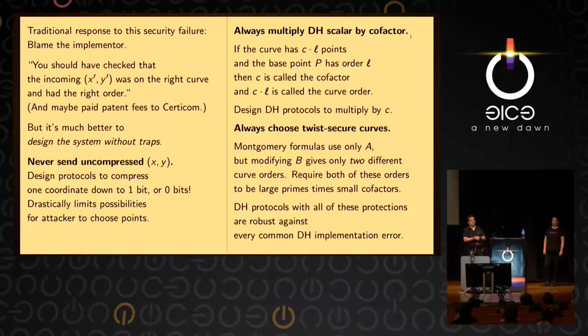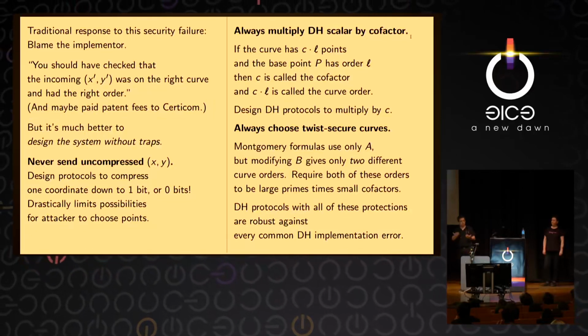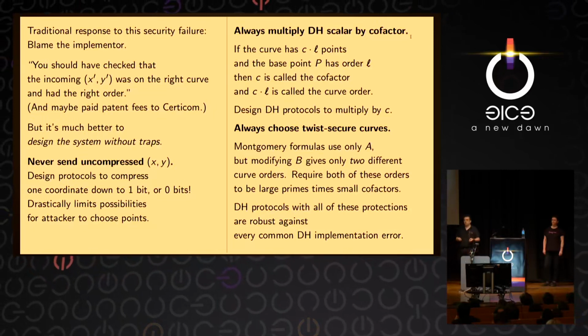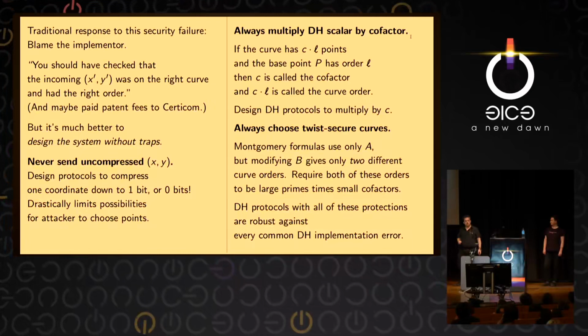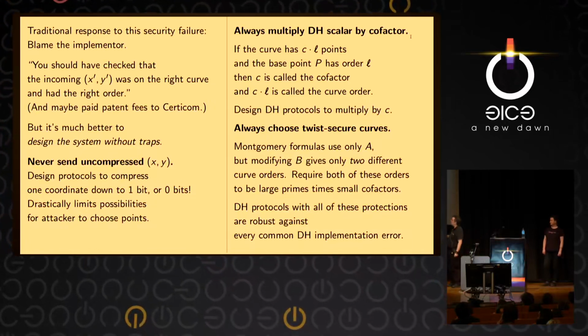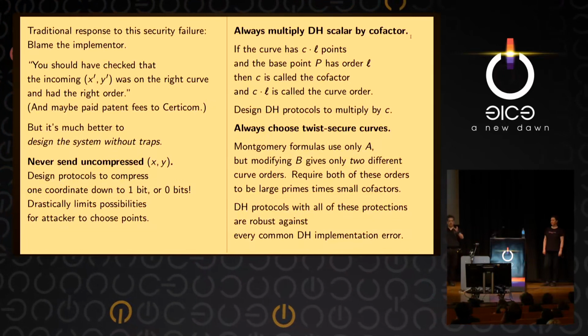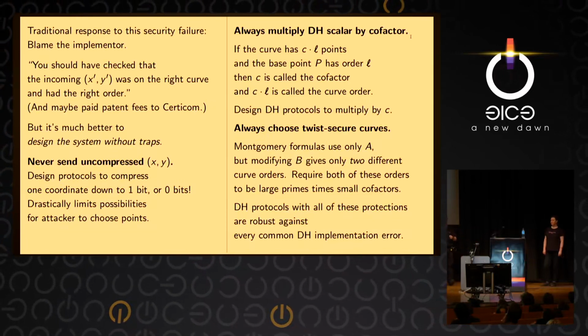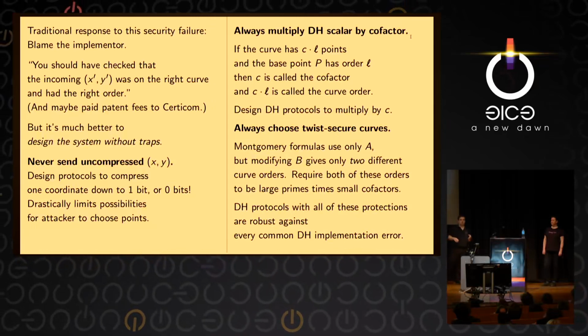There's a couple more of these rules which the curve selector and the protocol designer can put in, which mean that you, as an implementer, have a much easier time. Like the protocol designer can tell you to always multiply the scalars, the A and B, the secrets that you're using for Diffie-Hellman, by what's called the cofactor of the curve.